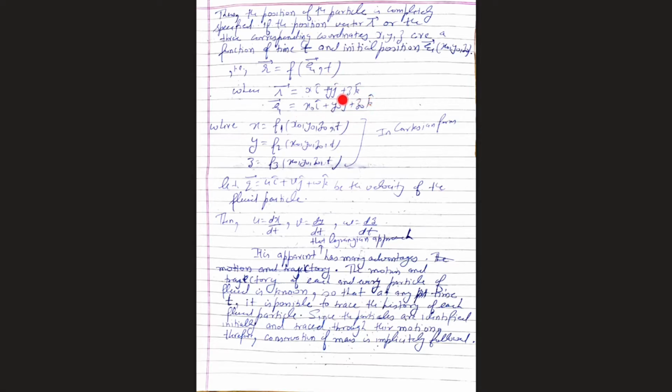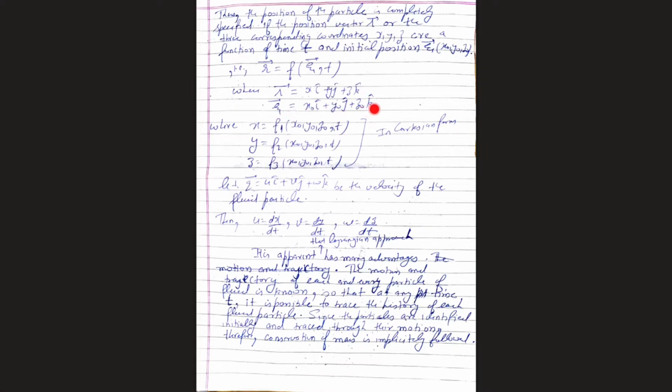We have already studied that the position at any point in the Lagrangian approach depends upon the initial position and time. So this is the position vector of the particle at any time t.